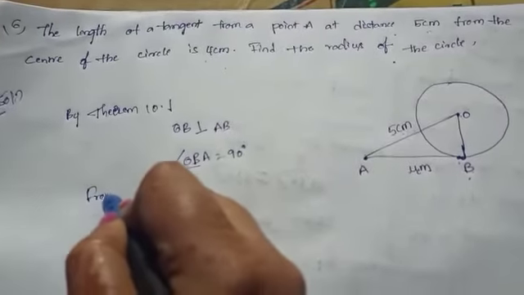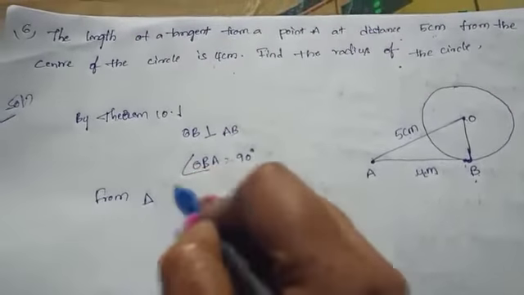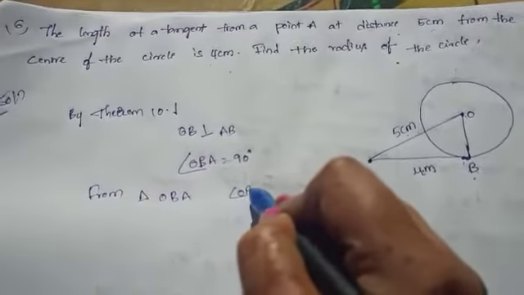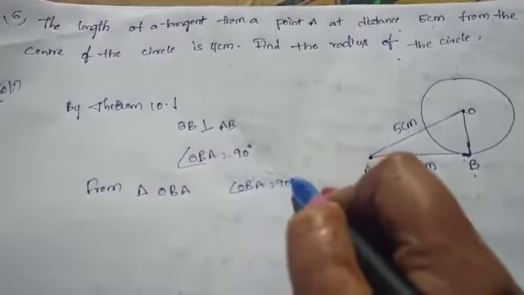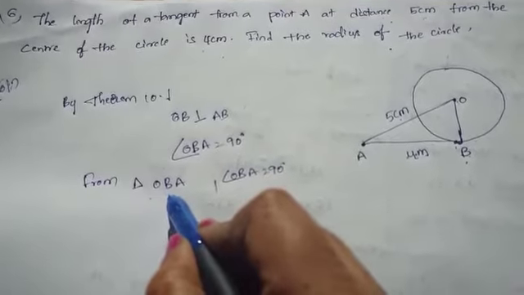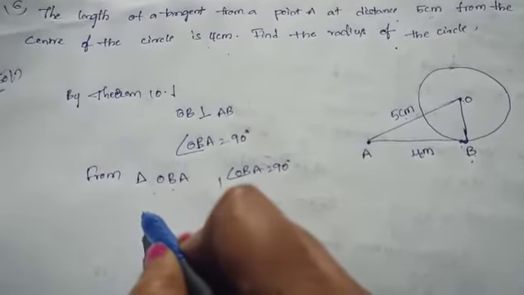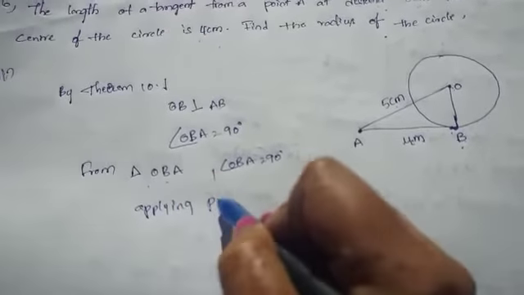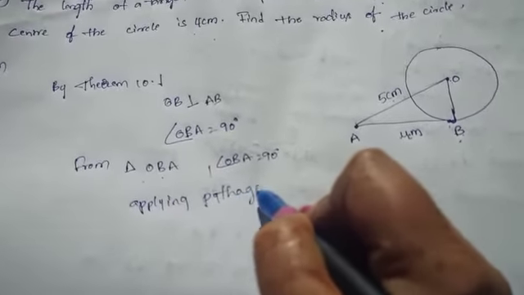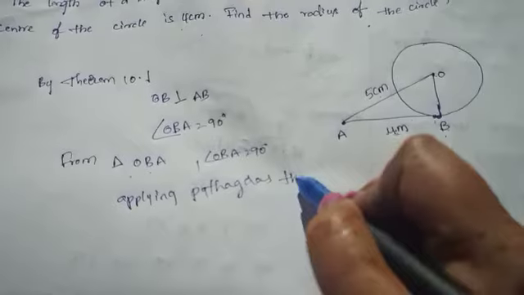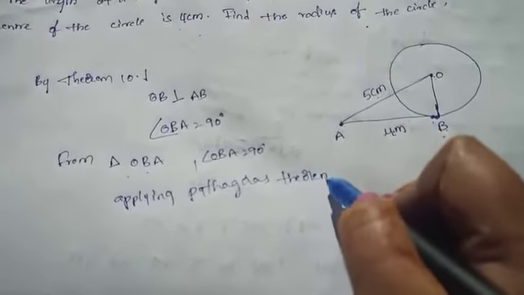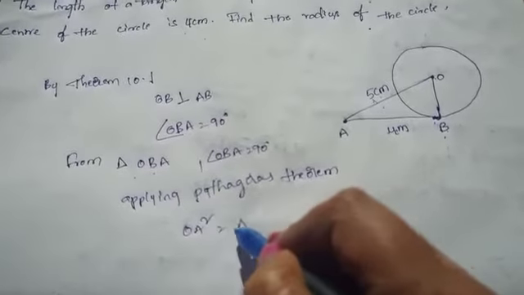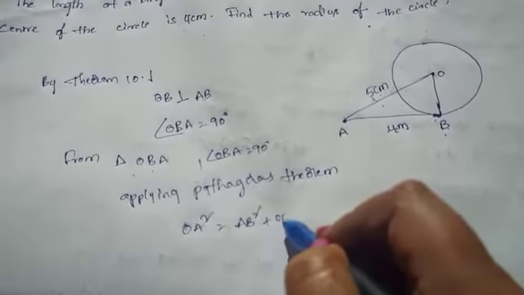From triangle OBA, angle OBA equal to 90 degrees. It means triangle OBA is a right angle triangle. So applying Pythagoras theorem, hypotenuse square equal to side square plus side square.